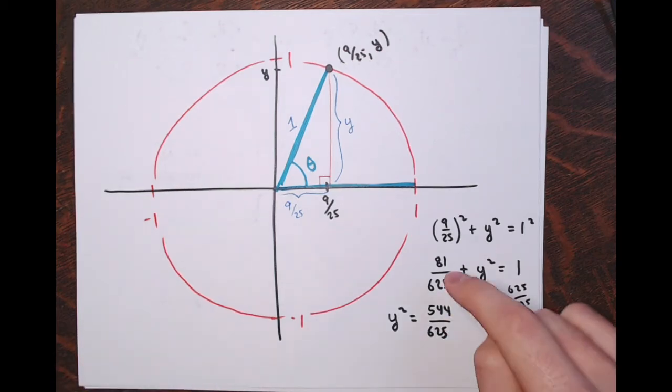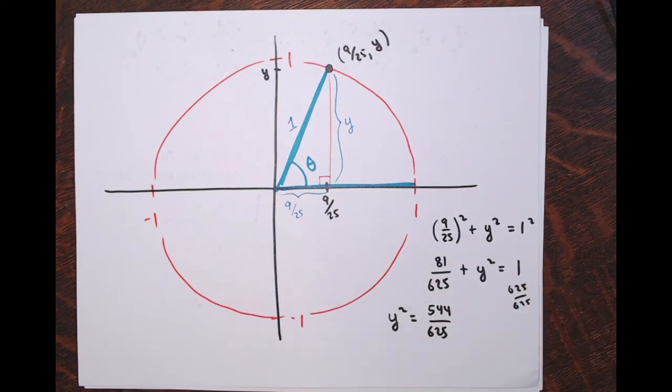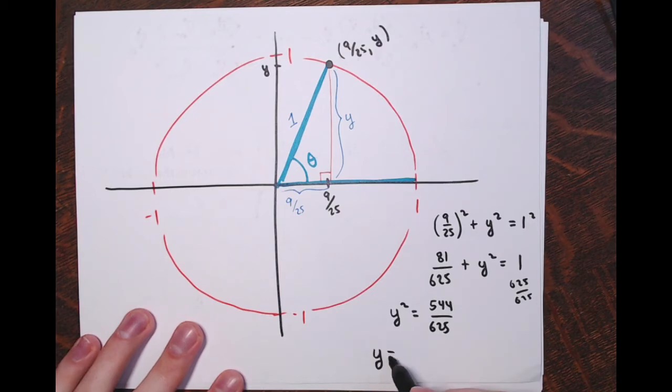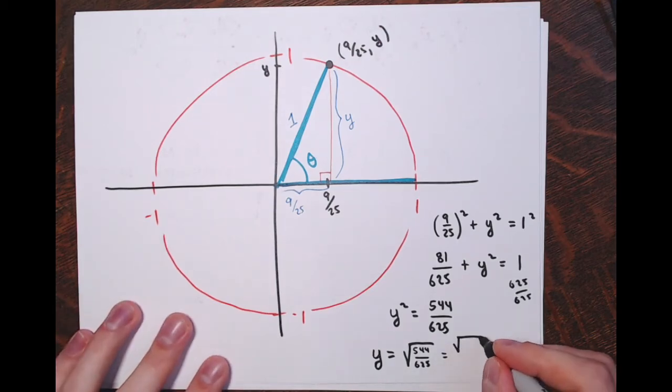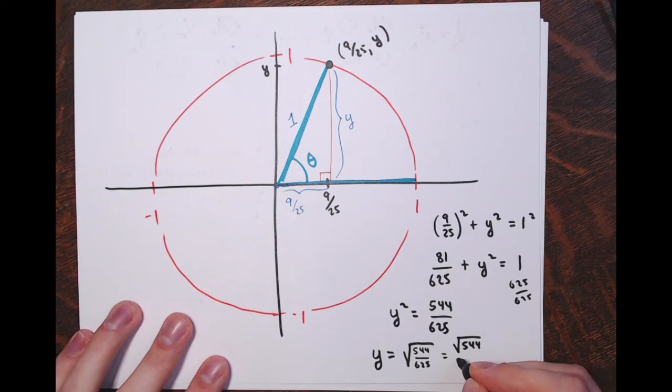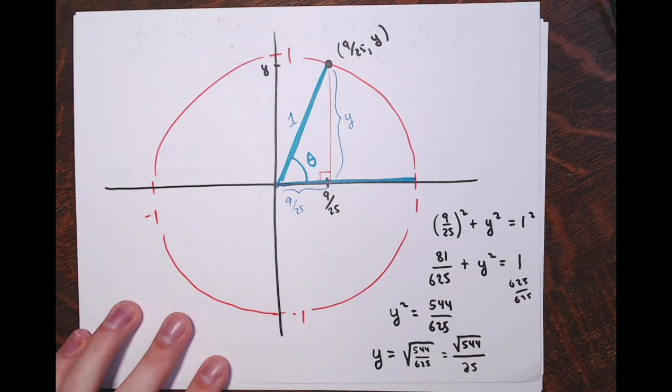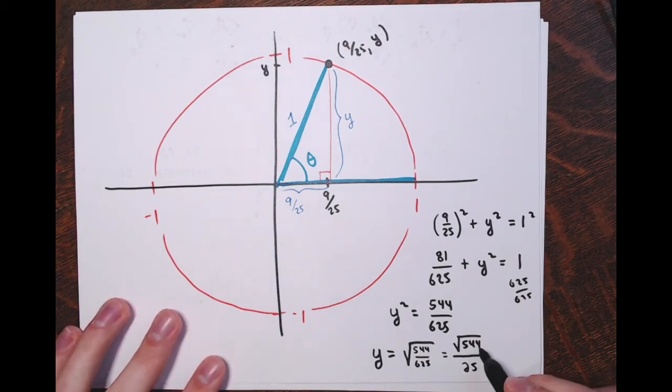Pretty sure. Yeah, add 81 to that would be 625. And then take the square root. So y, this leg here of the triangle, would be the square root of 544 divided by 625. Now I can do the square root of the numerator and denominator separately. So the square root of 544 divided by the square root of 625, which we already saw would be 25. And then we can try simplifying this up top here.